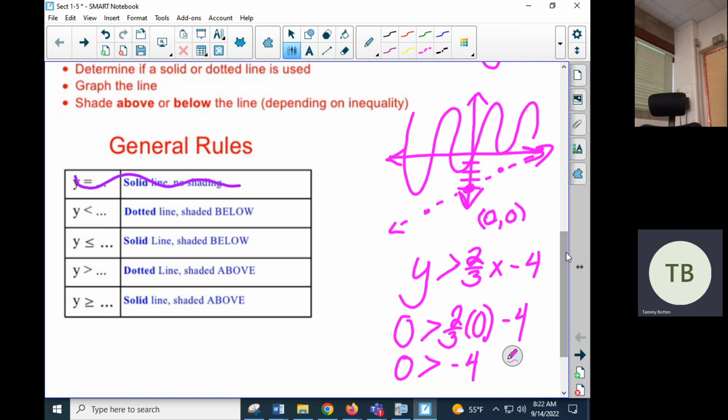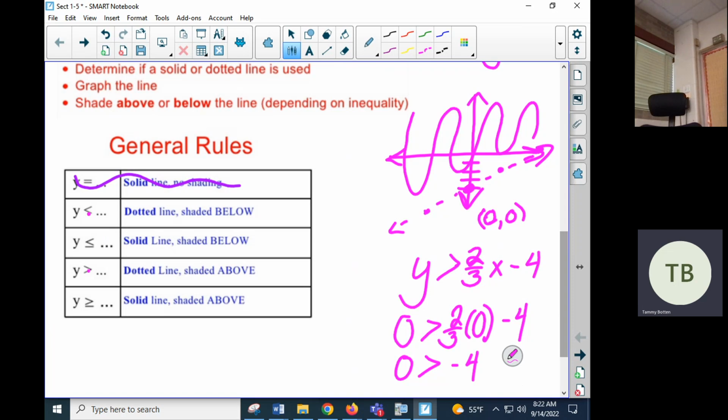Another way you can do it, and this is usually what I do, is I look at my sign, and if it's ever less than, you shade below the line. So what I mean by that, do you guys get that this would be above the line, this would be below the line? So if my sign is greater than, that tells me I have to have a dotted line and I'd shade above.